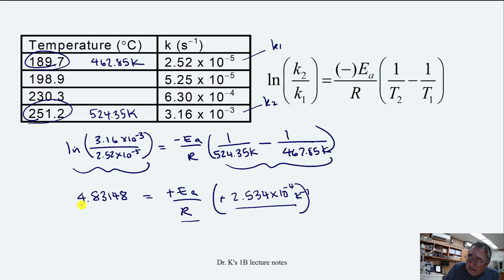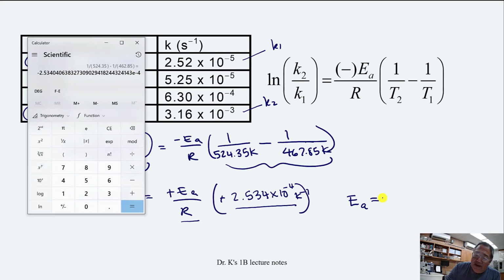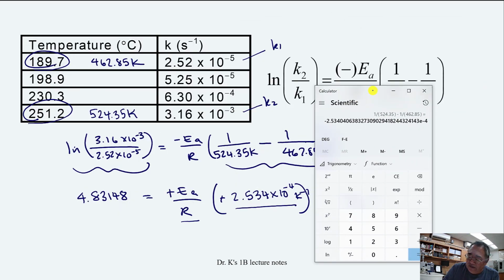So EA, remember my activation energy when I did it with linear regression was 158,000. So EA is equal to, again, I have to pull my calculator out. So I have this number already, right? That's this value here. So I'm just going to store that into my calculator. I hope that works.